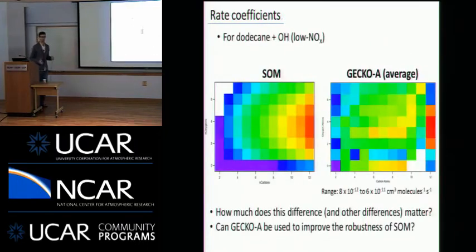Just to give you some perspective on this, throughout this entire space of oxygen-carbon number. So here now I have this graph, and these are colored by the rate coefficient. It's about a 1 order of magnitude range, with red being higher rate coefficients, blue being smaller. And this is the GECKO-A that you get averaged over the entire simulation.